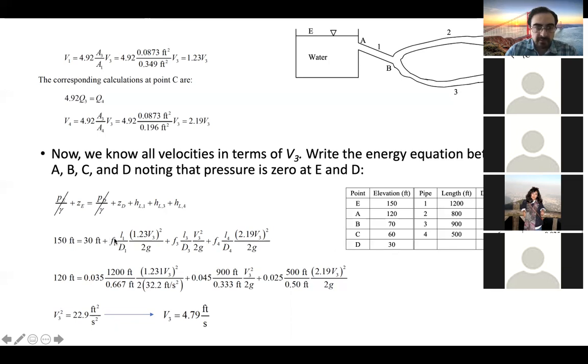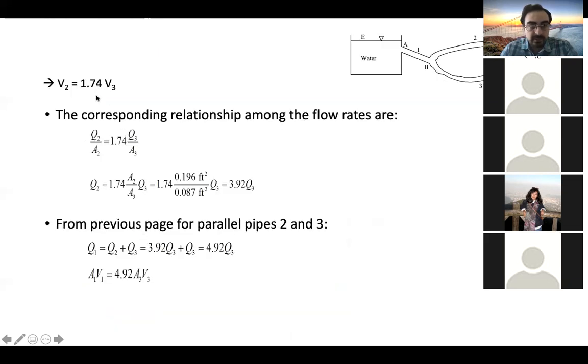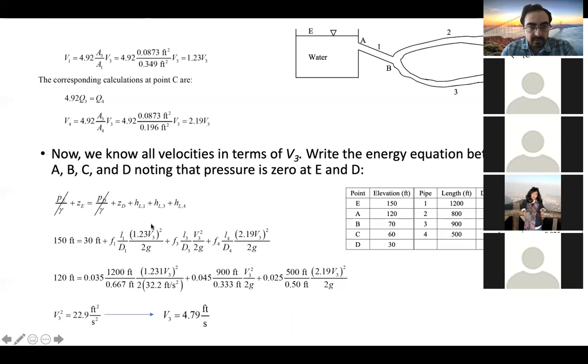And then plus f1, the major head losses at each pipe. The problem said we don't need to account for any minor head losses or other losses. So we only account for the major losses: f1 times L1 over D1 times V1 squared over 2g, and V1 we know is 1.23 times V3.